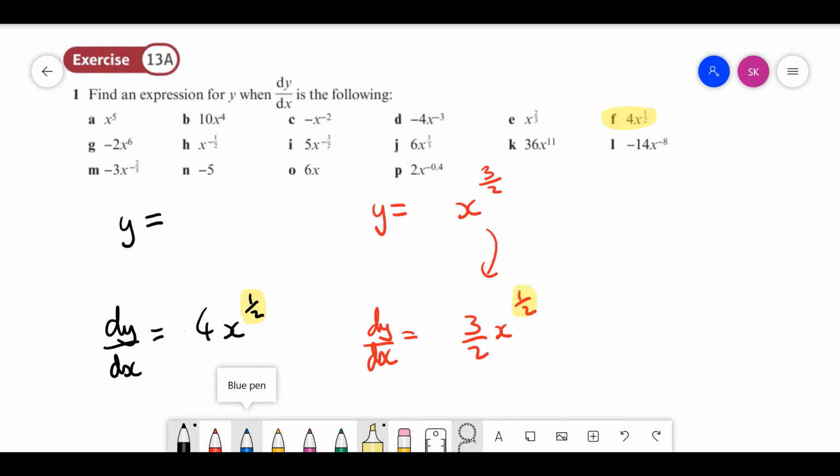But I somehow need to make this 3 over 2 into a 4. What do I times 3 over 2 by to make it into 4? Well, you can just think of this as an equation. 3 over 2a equals 4, times both sides by 2, divide both sides by 3.